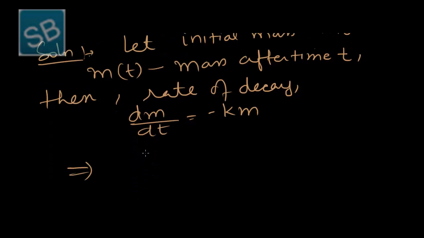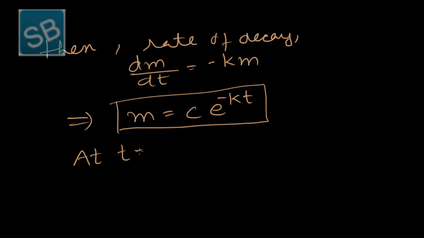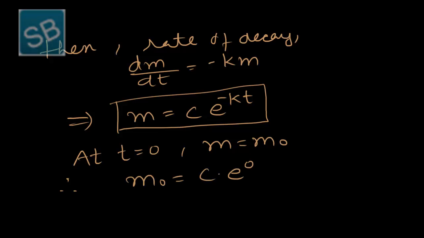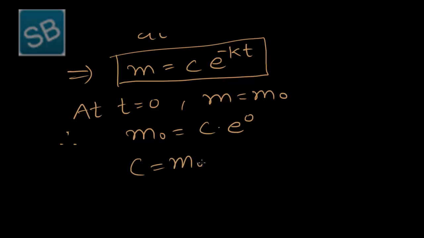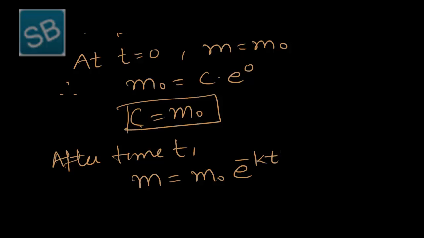After solving it, we get m is equal to c e raised to power minus kt. At t is equal to 0, m is equal to m naught. Therefore, m naught is equal to c into e raised to power 0, that is, c is equal to m naught. Therefore, after time t, m is equal to m naught e raised to power minus kt.